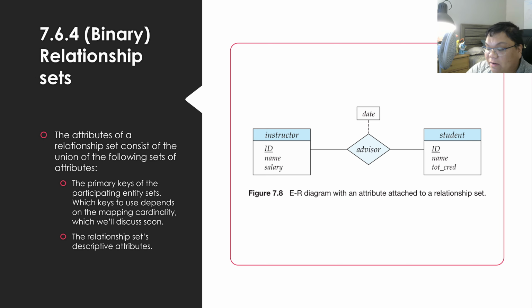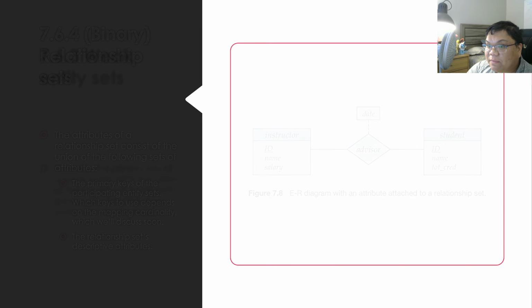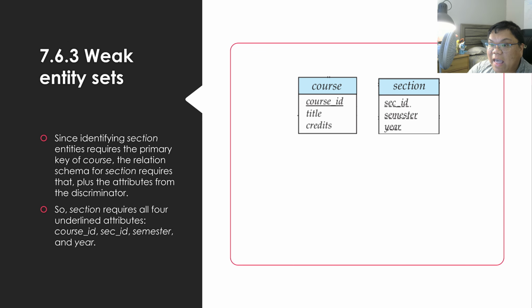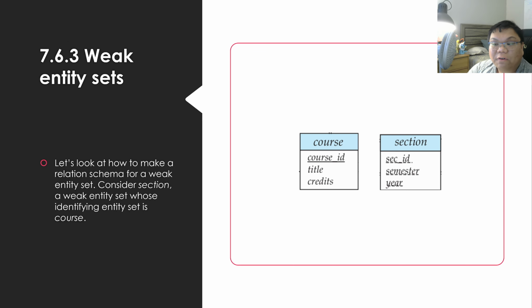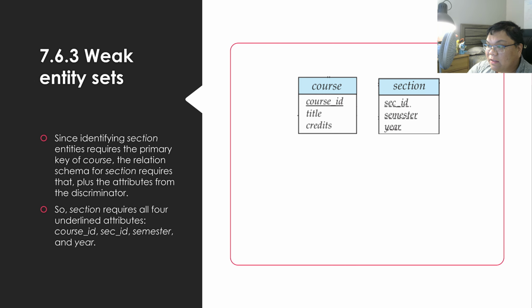So now we're talking about making schemas for our relationship sets. So all of these slides were how to make schemas for entity sets, including entity sets with composite attributes, entity sets with derived attributes, entity sets with multi-valued attributes, and weak entity sets.